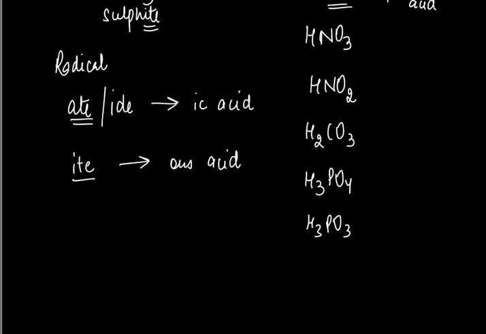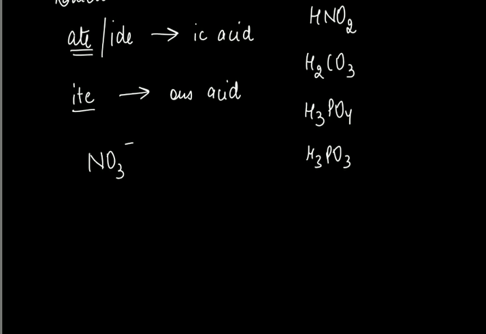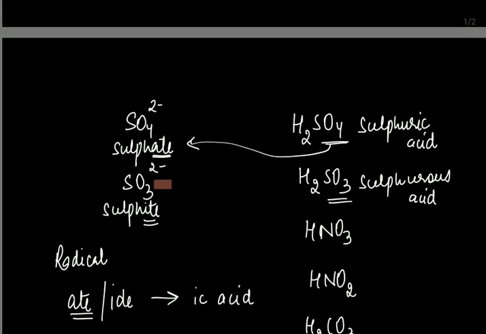Now HNO3, we go to the NO3 radical. NO3 minus ion and NO2 minus ion. Again, you have to do the same activity in your brain. If we talk about nitrogen and oxygen, they are going to form two radicals. One is NO3 minus, another is NO2 minus. The same trick that you followed for sulfate and sulfite applies here.